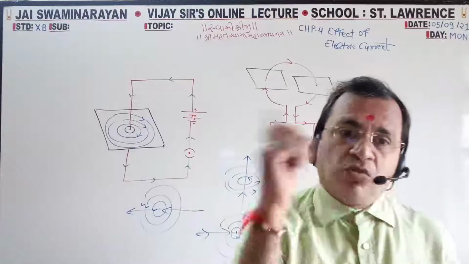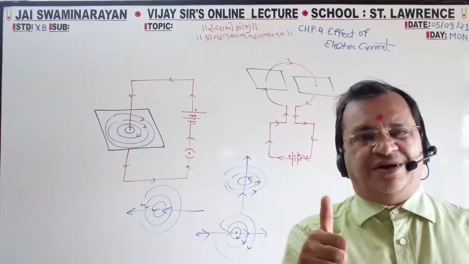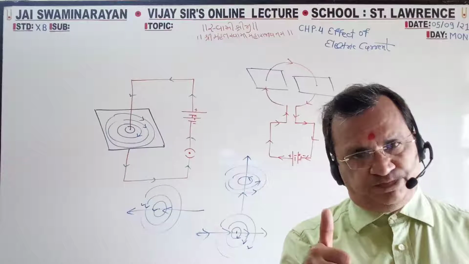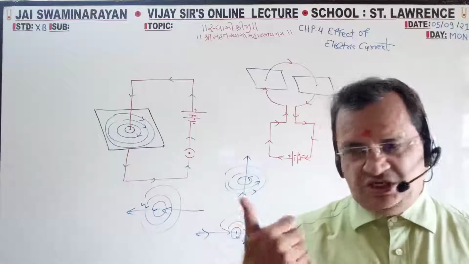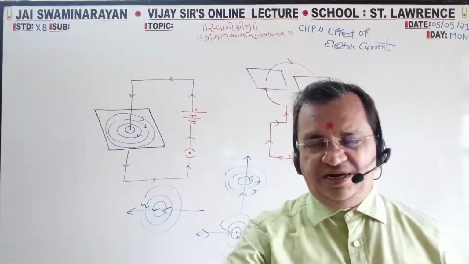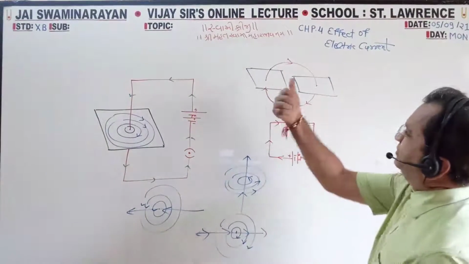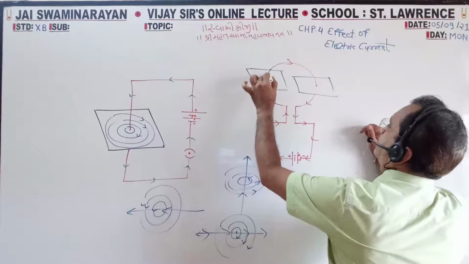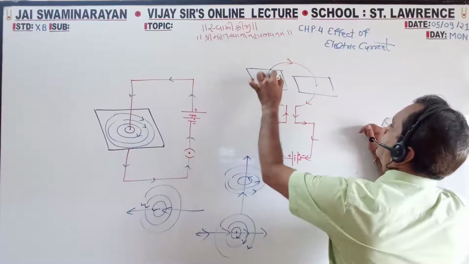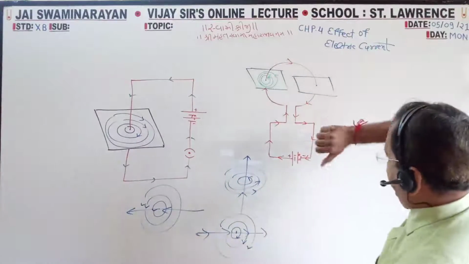Now on both the cardboards, apply the right hand thumb rule. This shows the direction of electric current. This shows the magnetic field produced. So it is upside, so this way. Now from here to here it is downside.